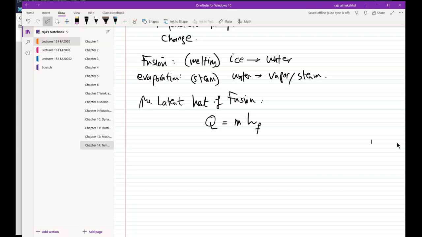To get all of it into the liquid state, you have to wait long enough until the temperature rises. But right at 0, it is freezing and liquid at the same time, a mixture of the two. So at the 0 point, the phase change happens.